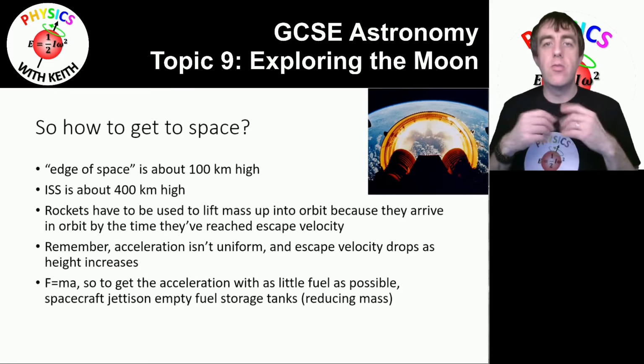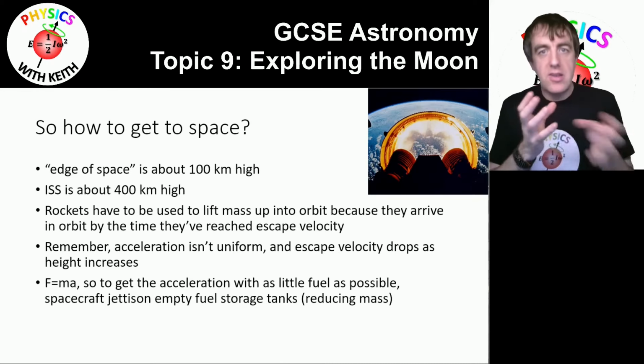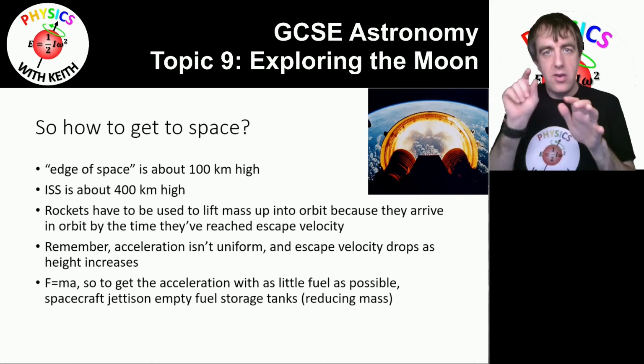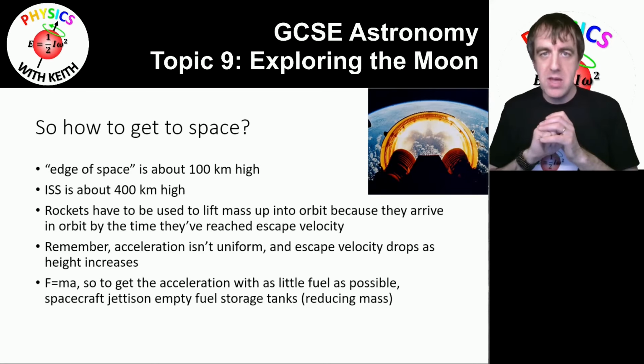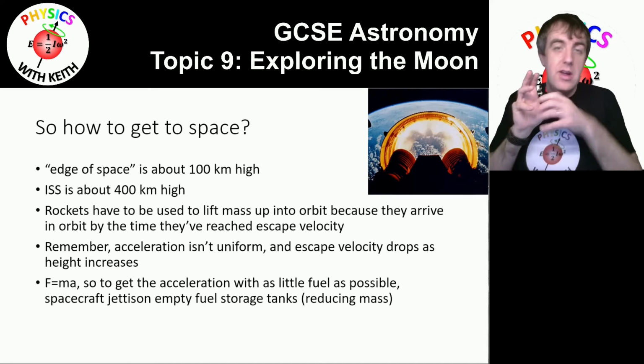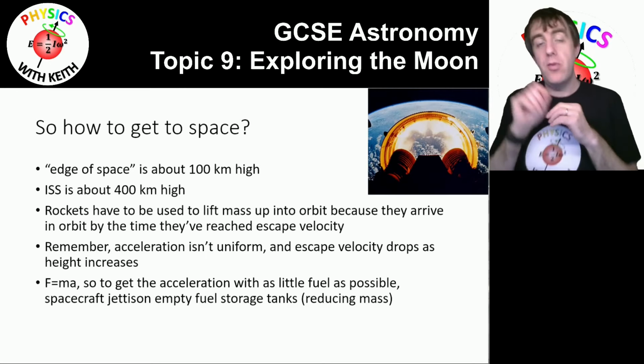We jettison rockets that no longer are needed. The rocket breaks into parts. It's remarkably clever, the idea that the rocket itself, it's only the end bit that we really care about with the people in. All the rest of it is just there to get high enough and then jettison that part so that we've got less mass to continue to push upwards.